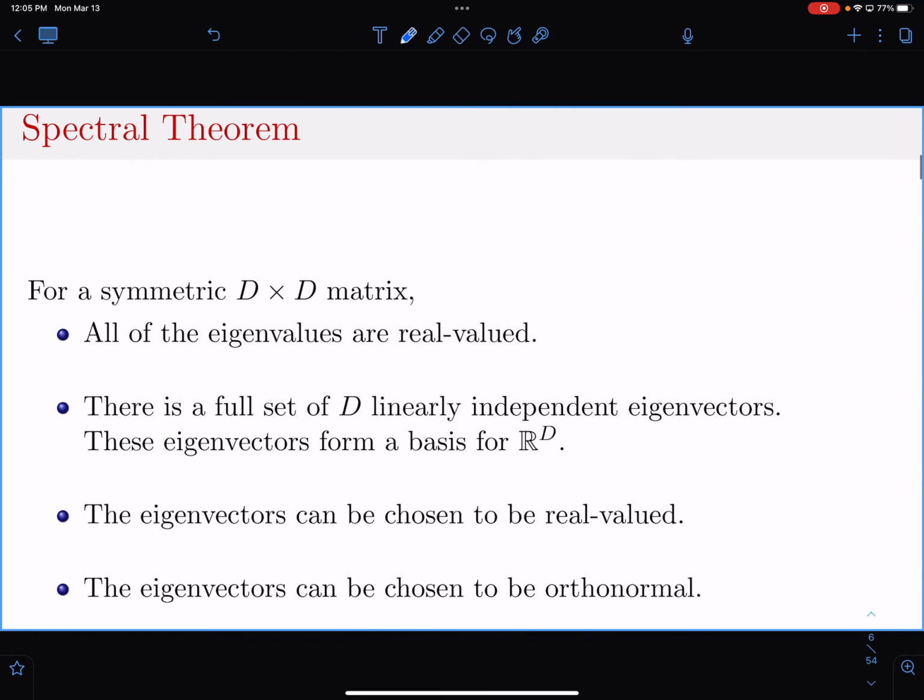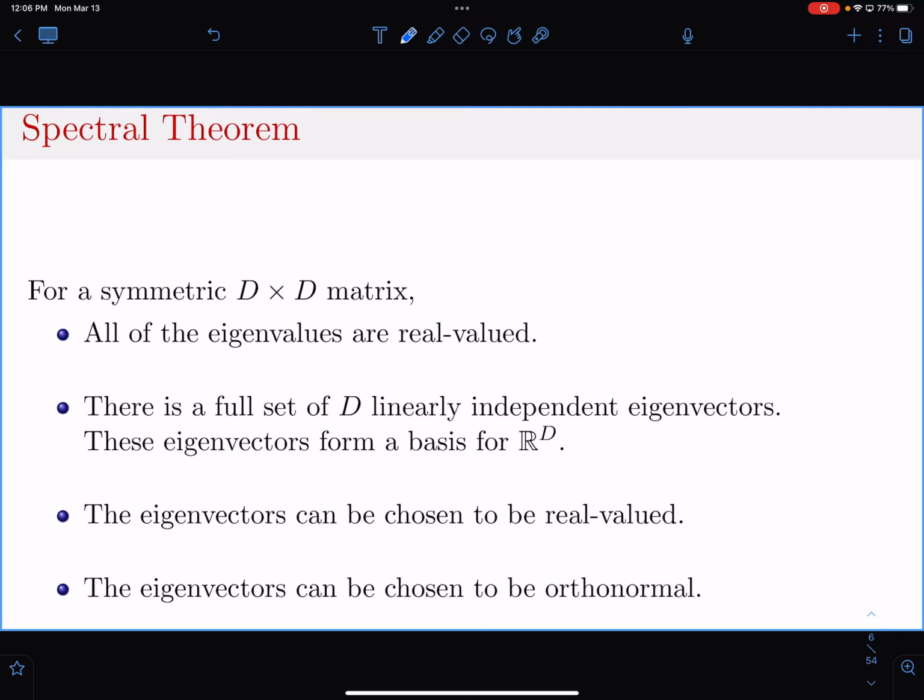So the spectral theorem, which we'll use but won't need to prove, says that for a symmetric d by d matrix, all of the eigenvalues are real valued, and we can find a set of linearly independent eigenvectors, which are real valued and form an orthonormal basis.